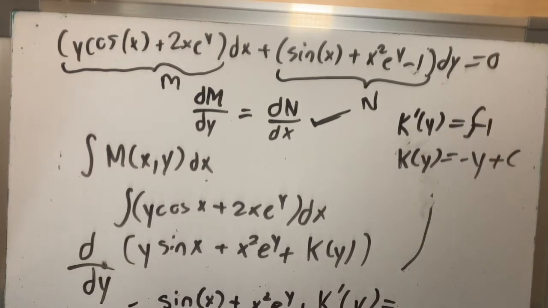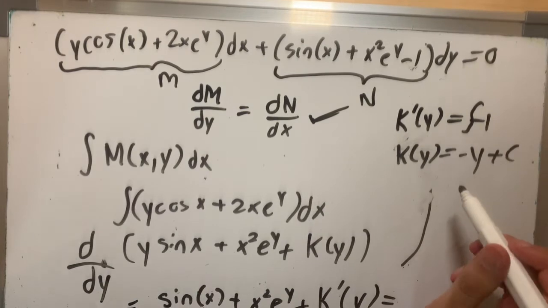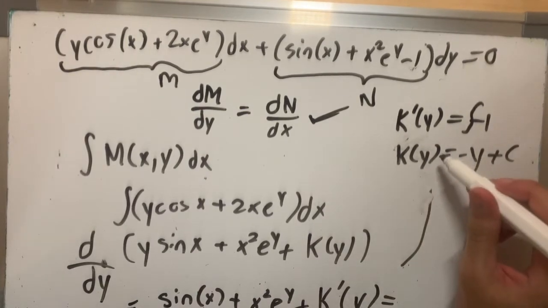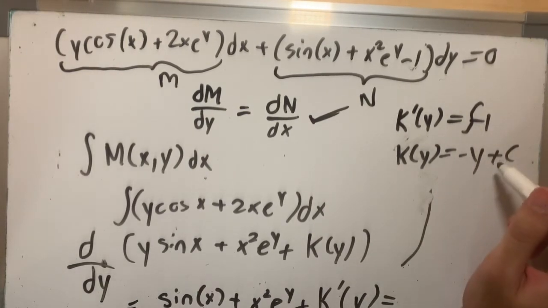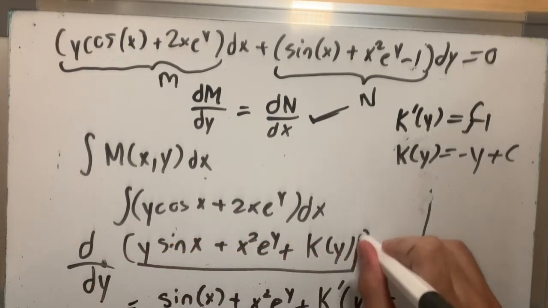And then once we've done that, because most of these questions require the differential equation to be in terms of c, like they say equate it to c. That's what most of the questions ask for. So once we know that k of y is equal to -y plus c, we can finish this by writing the general solution, which will be this equation right here.